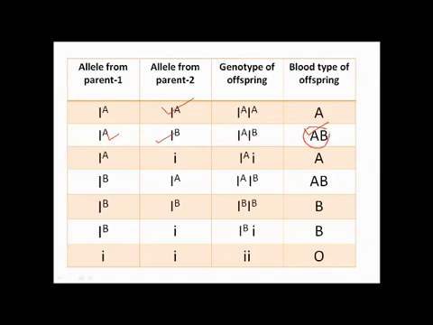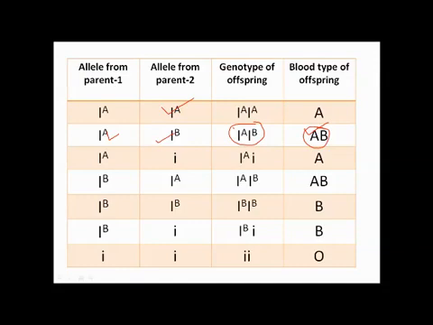So we are mostly concerned with this type of offspring, where you will find the heterozygotic condition, and the blood group is showing both alleles. The alleles express, and they show both types of sugar polymers on the surface of RBCs.